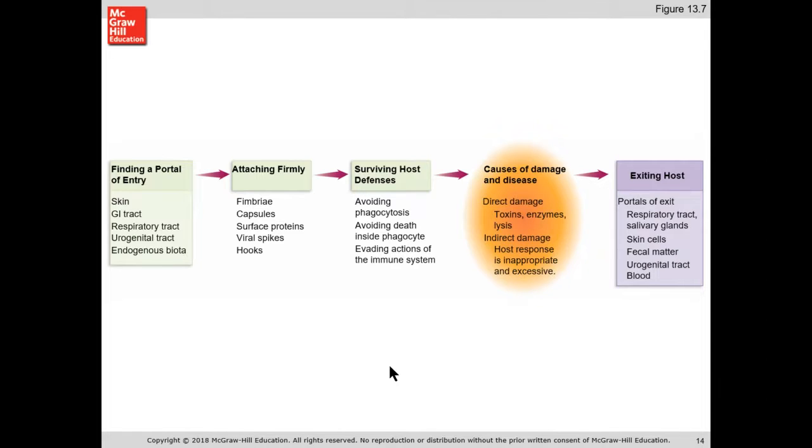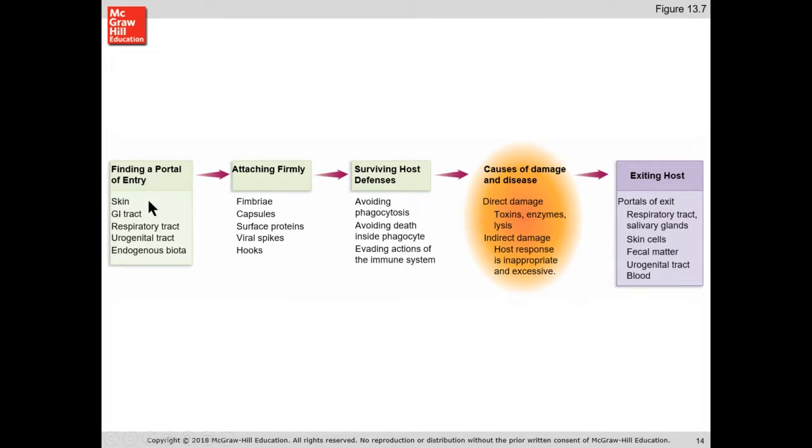Okay, so this next image is looking at how microbes can do what they do so well. And so these are kind of the stages of microbial penetration. So first they have to find a portal of entry because most of our defenses are pretty good at keeping them out.